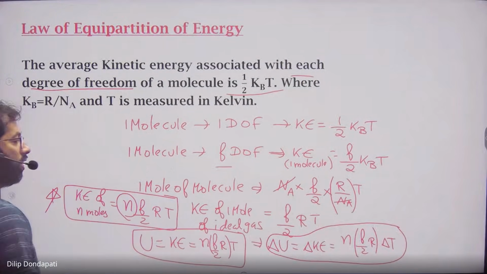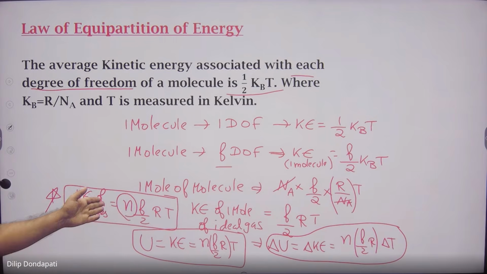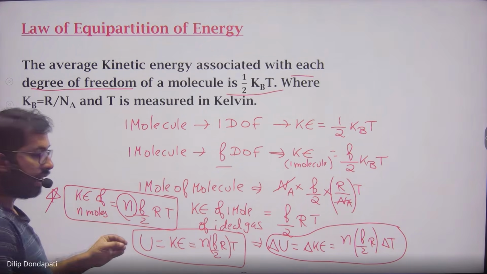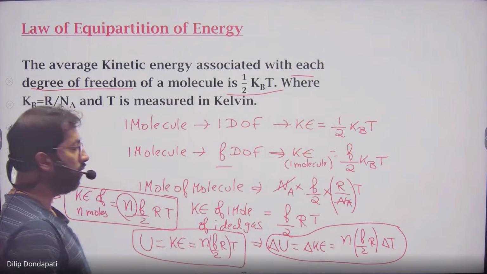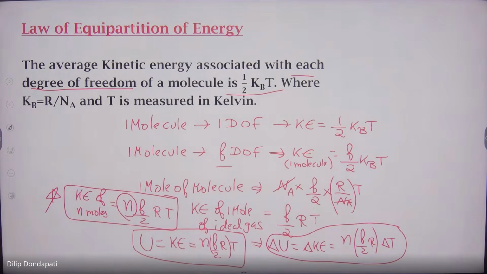So it does not depend on the Avogadro number, but the number of moles; indirectly we are converting into N moles. So the formula for internal energy is N into F by 2 R into T. For change in energy, it is N into F by 2 R into delta T.